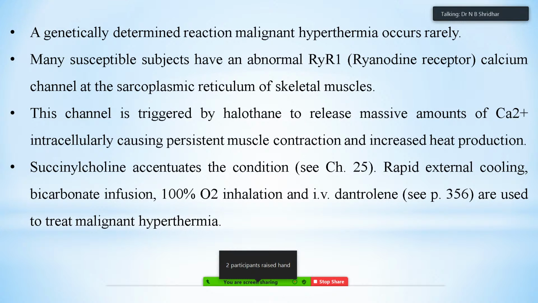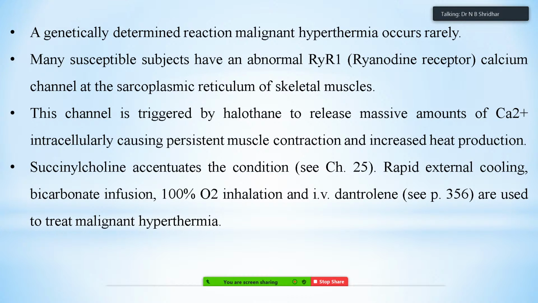Many susceptible subjects have the abnormal RYR1, the ryanodine receptor, the calcium channel at the sarcoplasmic reticulum of the skeletal muscles, and this channel is triggered by halothane to release a massive amount of calcium intracellularly, causing persistent muscle depolarization and contraction and increased heat production.